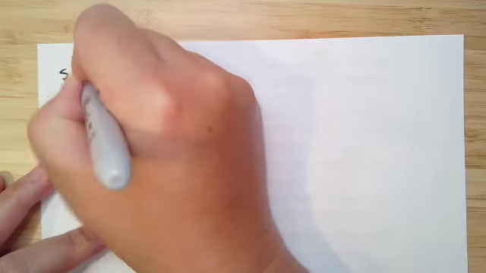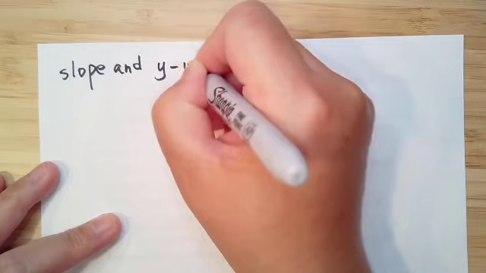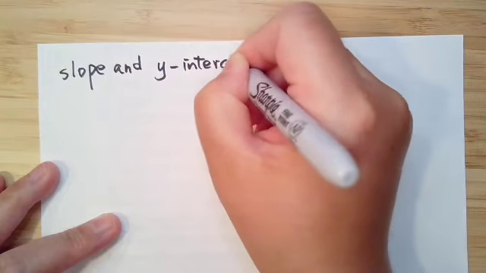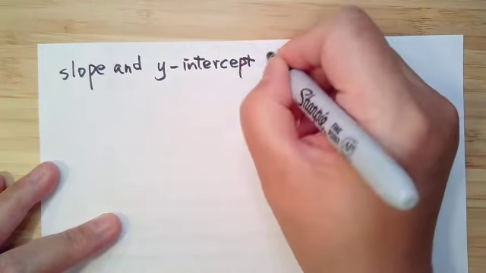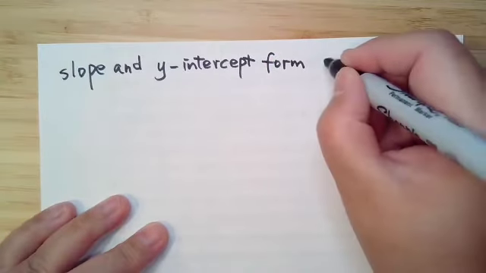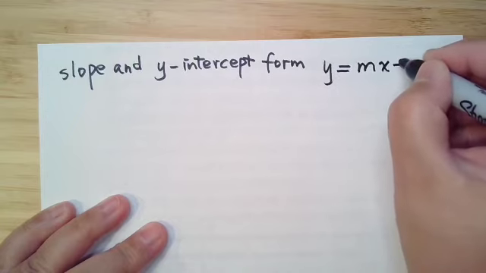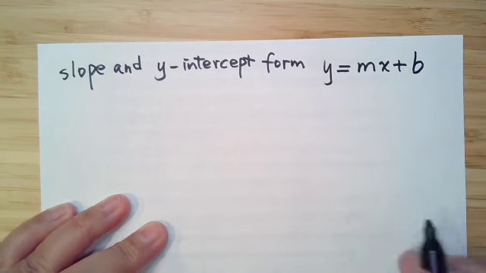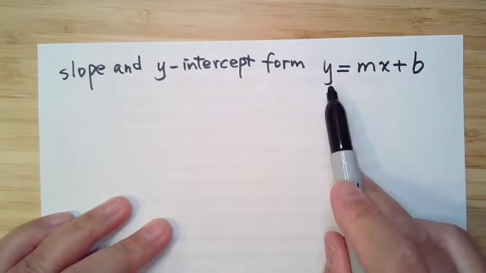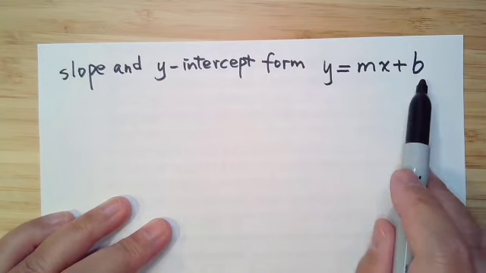After we learn the slope, we're going to do something important again. We're going to do slope and y-intercept form. It looks like this: y equals mx plus b. We have a single y on one side, and the x term and the constant term on the right side.